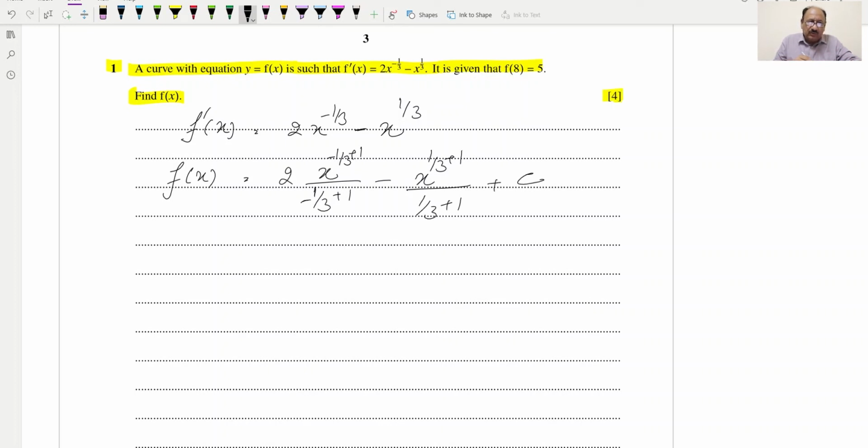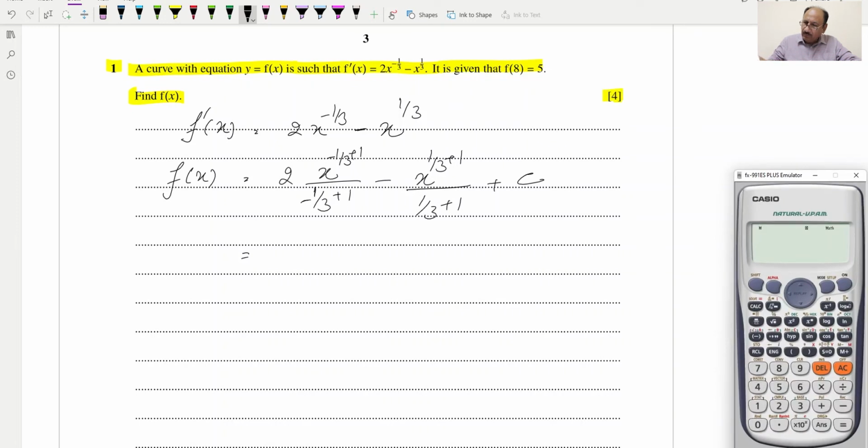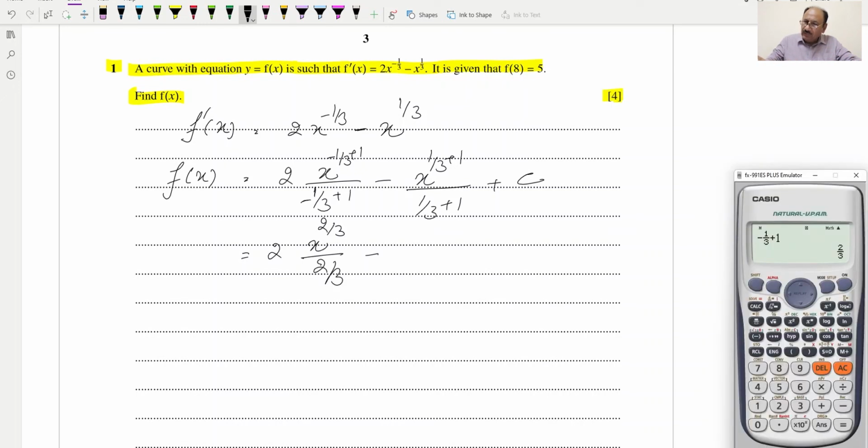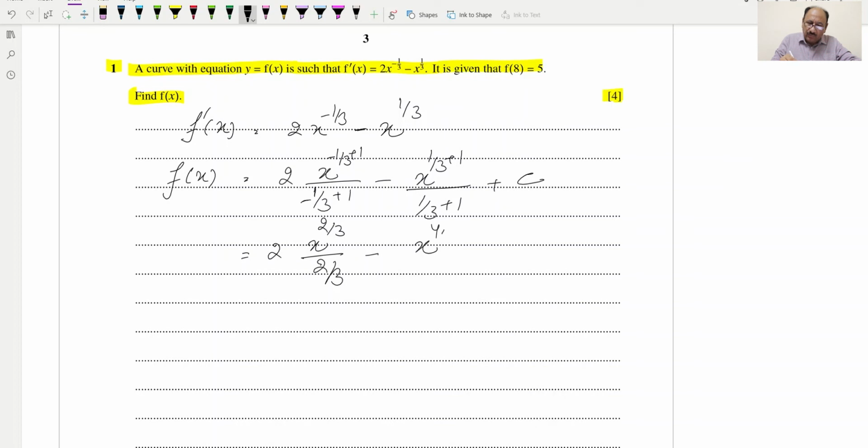Now we can rewrite it. Minus 1/3 plus 1 is equal to 2/3. So we can write it as x raised to 2/3 over 2/3, and minus, if we change this to plus, 1/3 plus 1 will be 4/3, so x raised to 4/3 over 4/3, plus c.